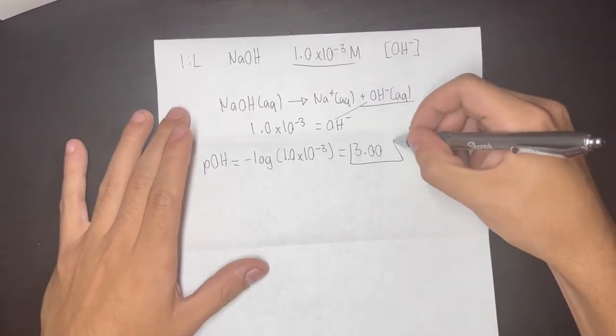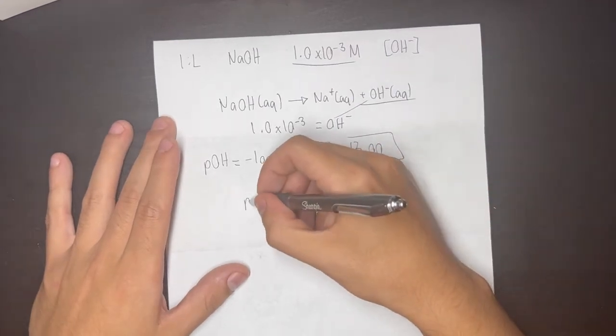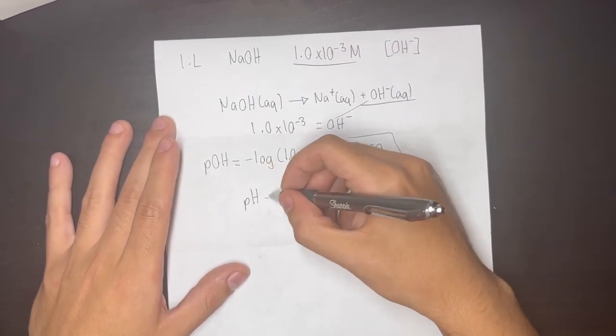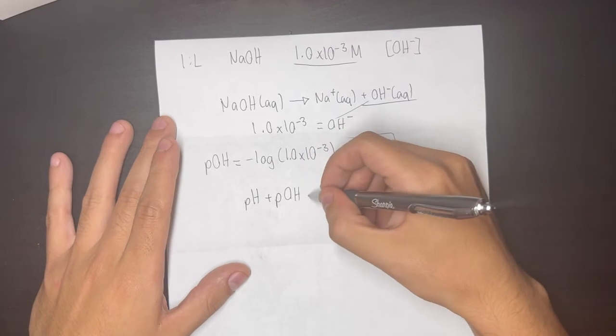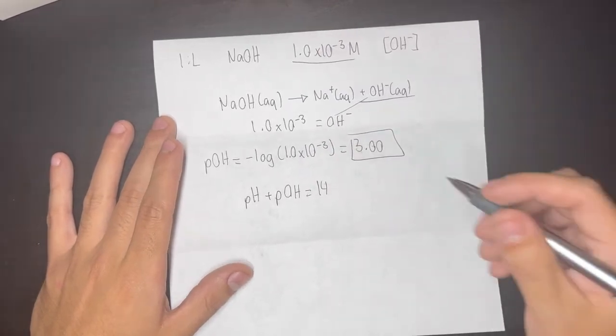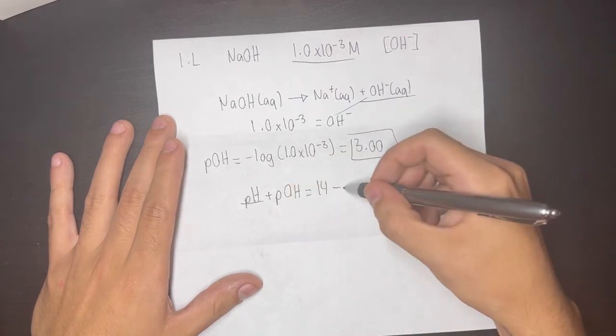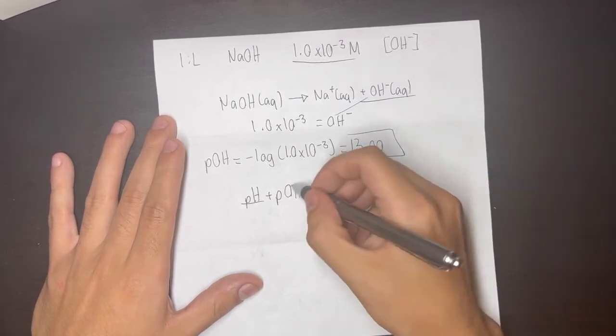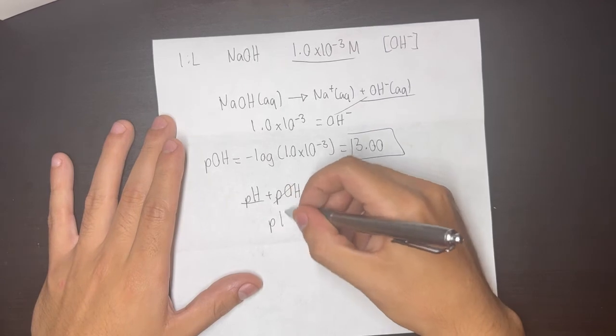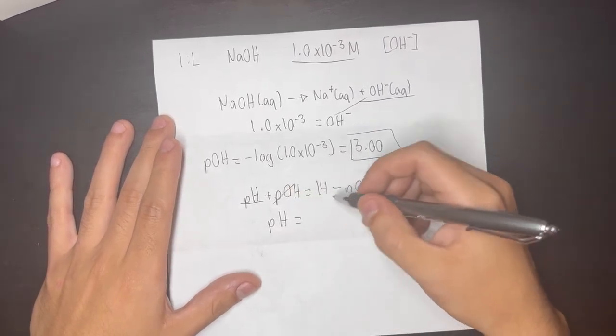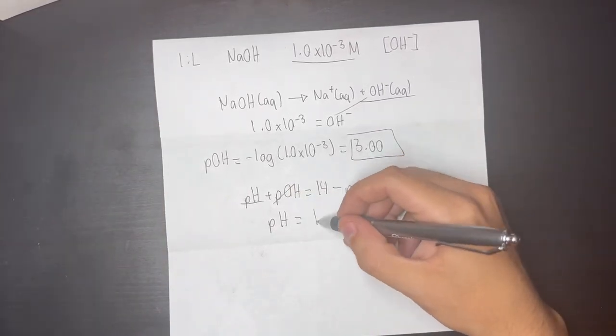So that's going to be our pOH. And remember what we said on how the pH plus the pOH are always going to equal 14. So if you want to find your pH, you're going to have to subtract the pOH from 14 to balance it out, which would leave us with a pH of 11.